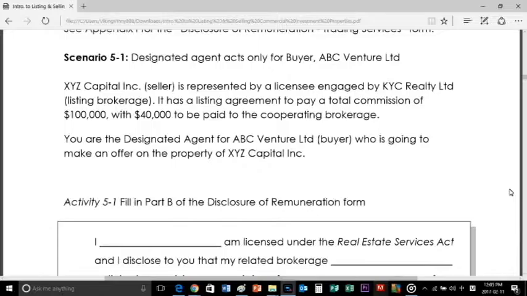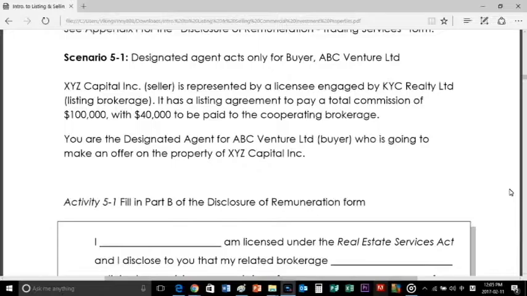It has a listing agreement to pay a total commission of $100,000 with $40,000 to be paid to the cooperating brokerage. You are the designated agent for ABC Venture Limited, buyer, who is going to make an offer on the property of XYZ Capital Inc.